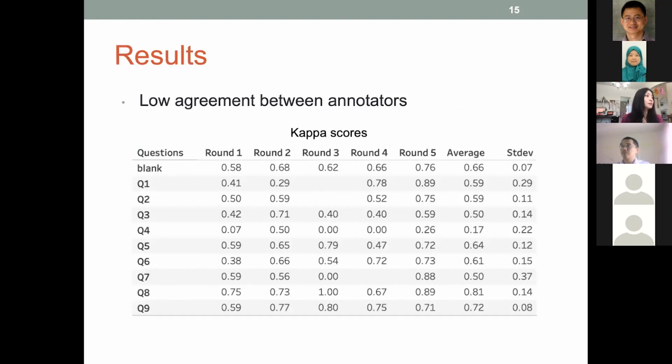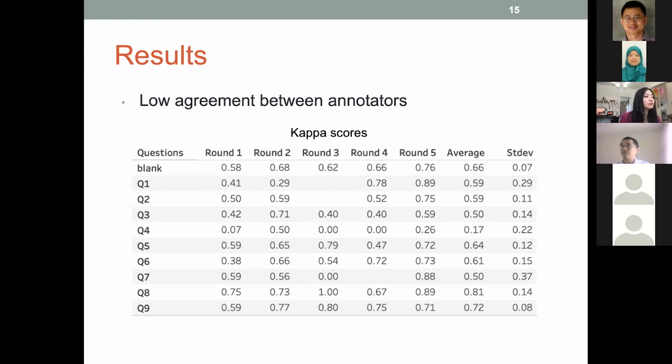This table summarizes the kappa scores for each of the 5 rounds of synchronous annotations. As you can see, although the kappa scores tend to increase over the 5 rounds of annotation, overall they are quite low, meaning the agreement between the 2 annotators is quite low.